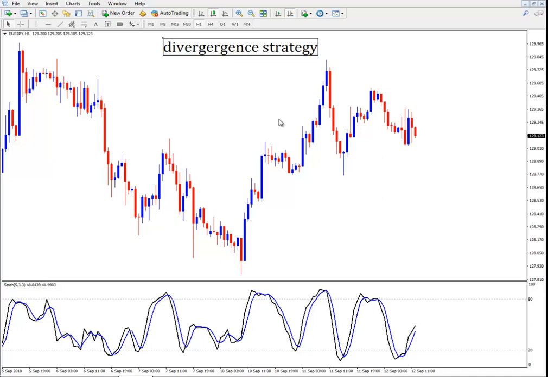We all know that in the divergence strategy, if we find a divergence, that means the price will diverge now.